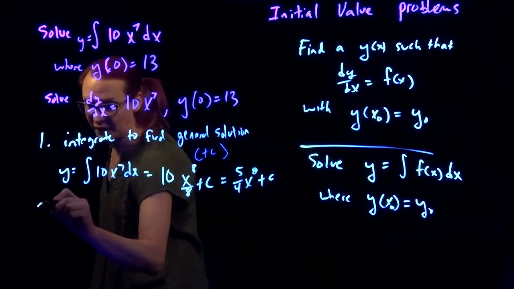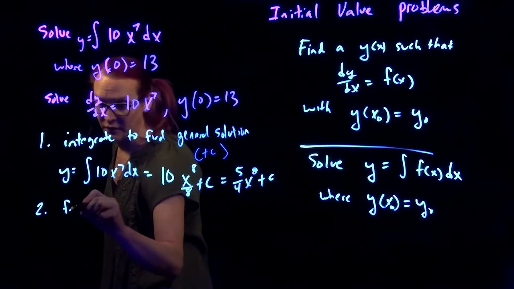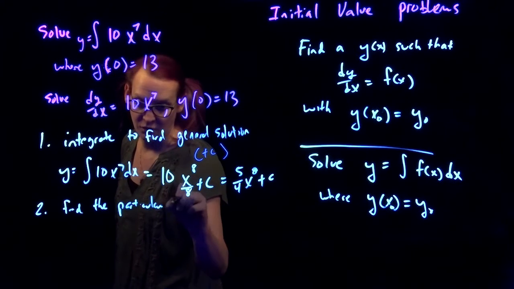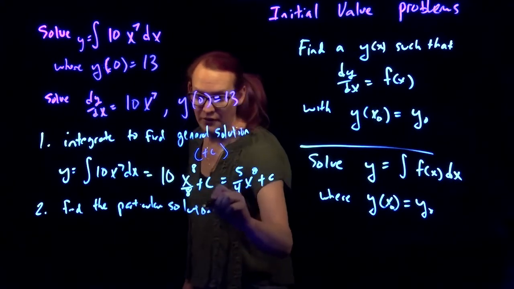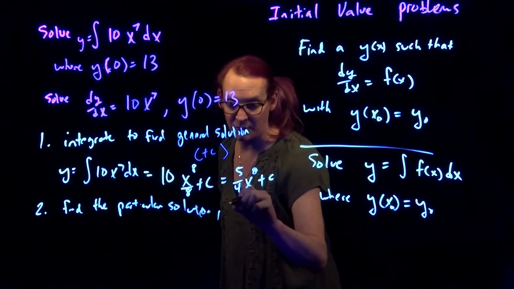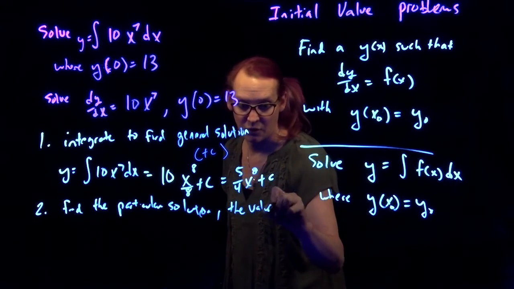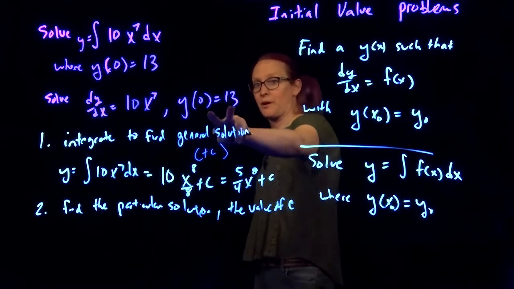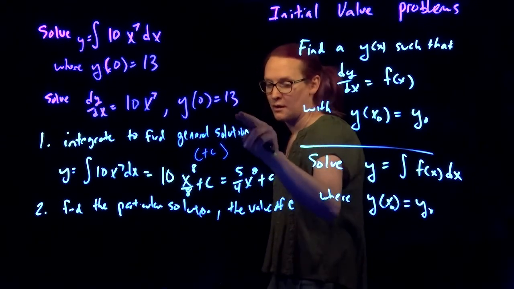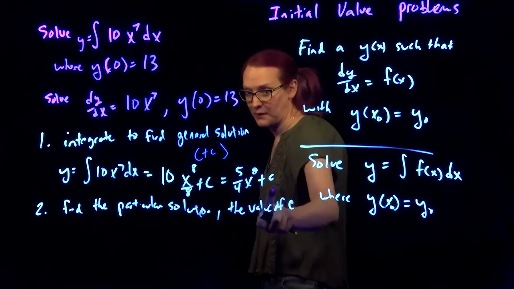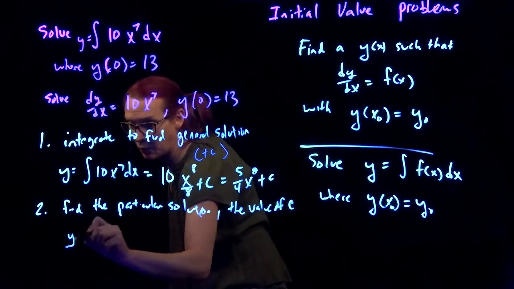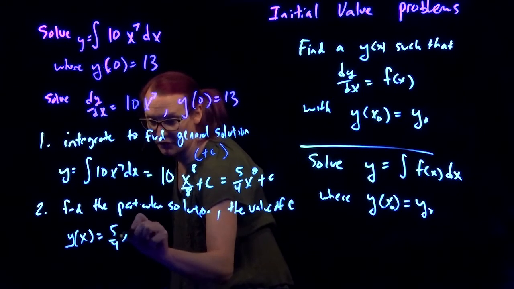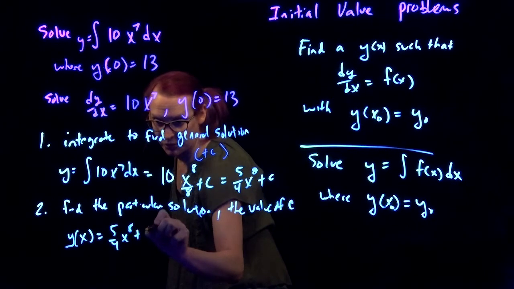Okay. So I found my general solution that has my plus c in it. And now we're going to find step 2, find the particular solution. That is to say, the value of c. And this is where we're going to use our initial condition to specify the value of c, because I happen to know that y of x is equal to 5/4 x to the 8 plus c.